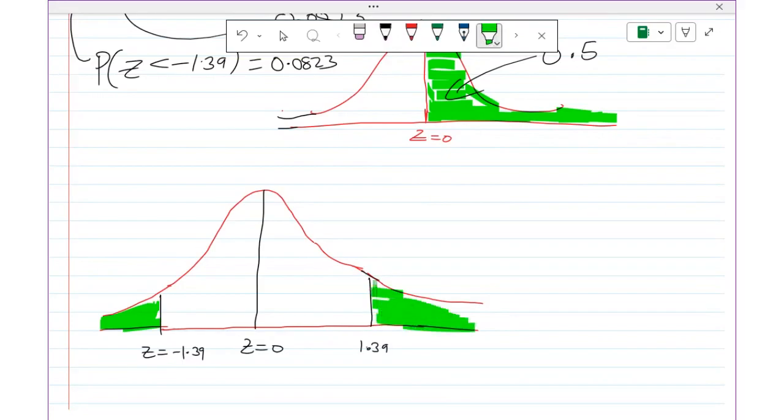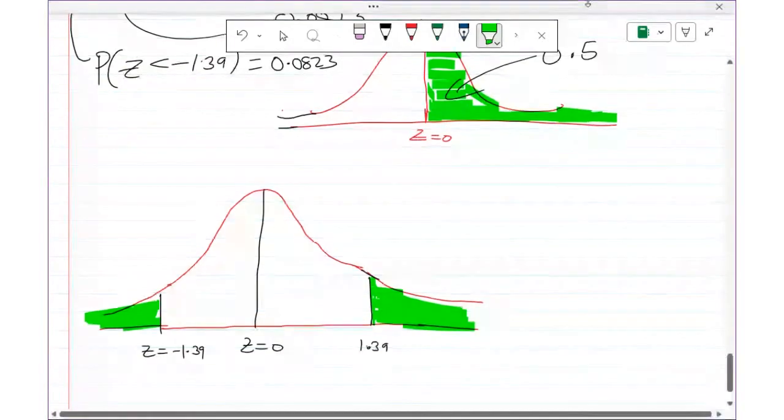As much area as there is on the left side of minus 1.39, the same area will be there on the right side of 1.39 due to symmetry, because this is symmetric on both sides and z equal to 0 is the center.